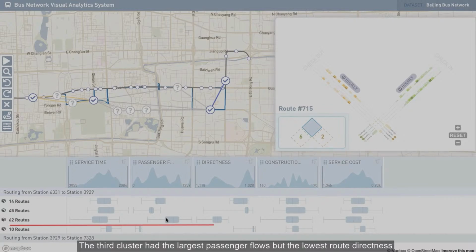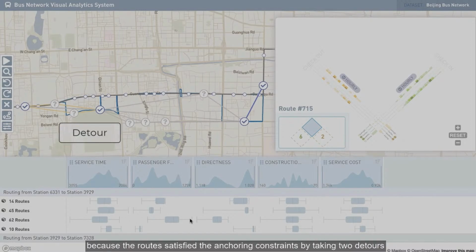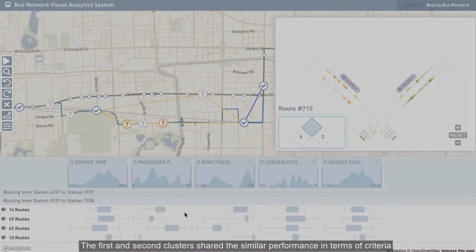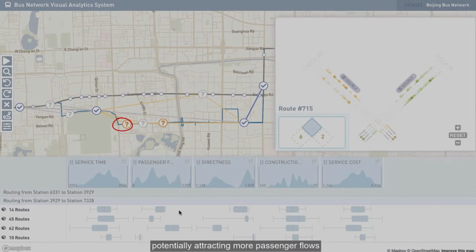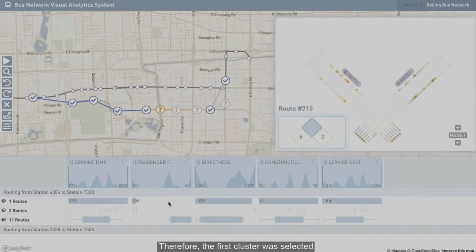The third cluster had the largest passenger flows but the lowest route directness because the routes satisfy the anchoring constraints by taking 2 detours. The first and the second clusters shared a similar performance in terms of criteria, but the routes in the first cluster would stop at the east gate of the temple, potentially attracting more passenger flows. Therefore, the first cluster was selected.